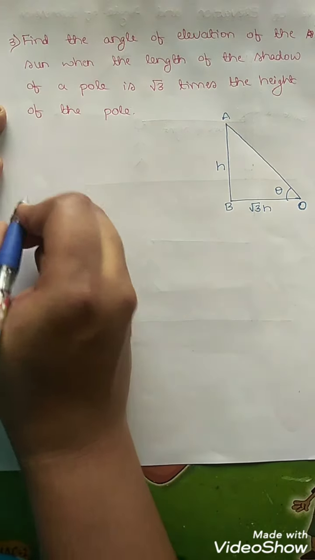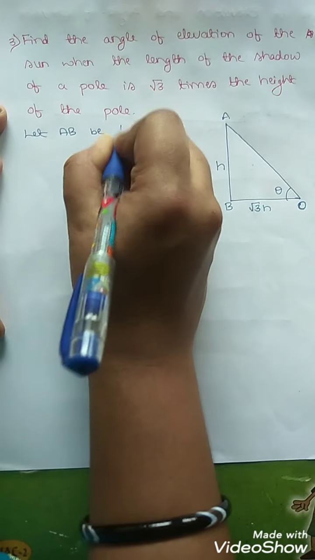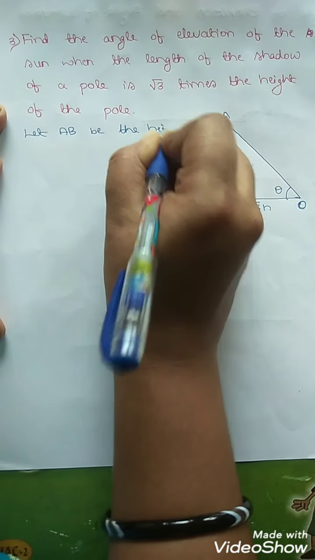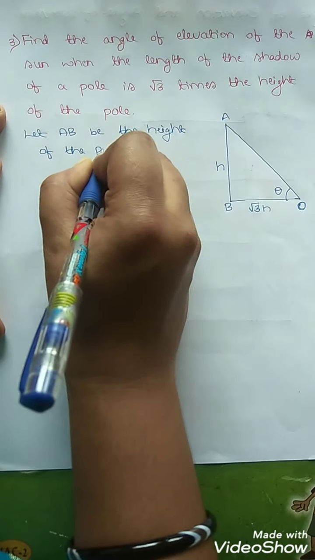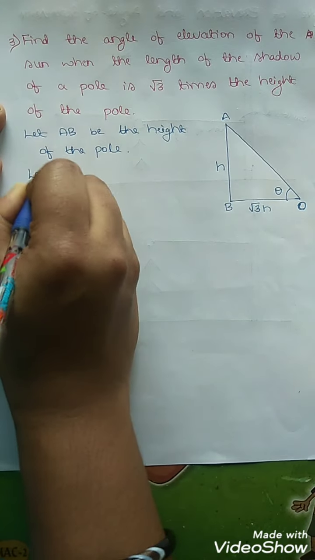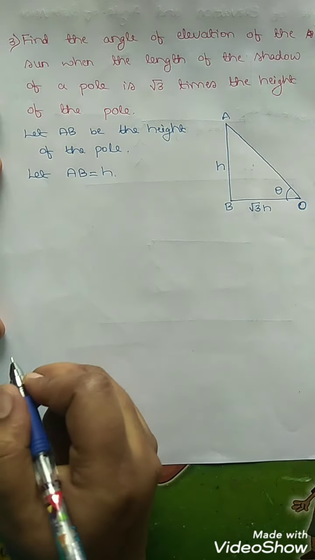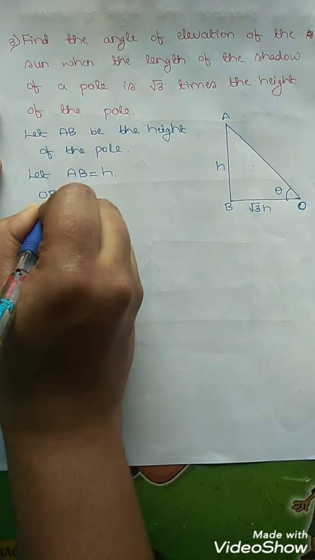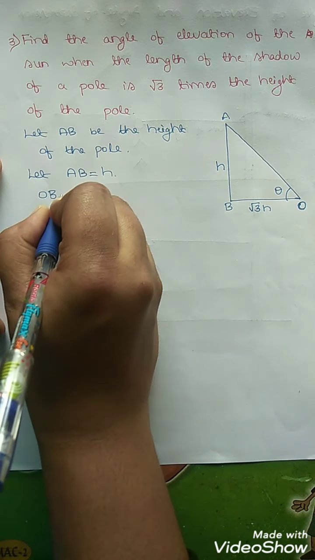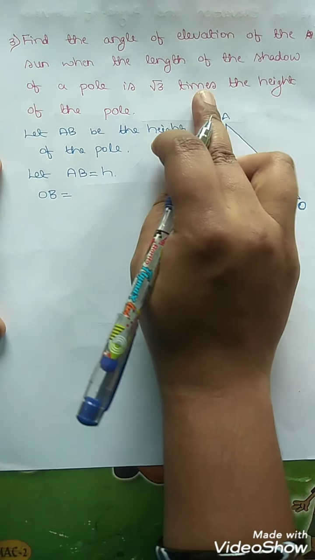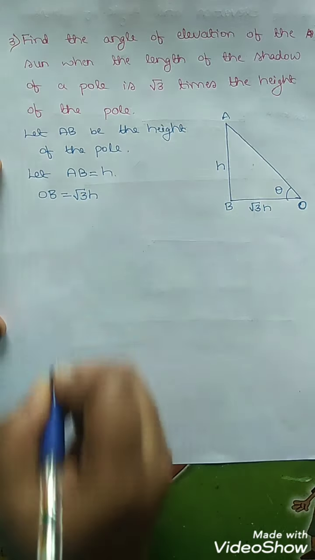So let AB be the height of the pole, AB equal to H, and OB is the shadow of the pole AB. Therefore, OB equal to root 3 times the height of the pole, root 3 times H.